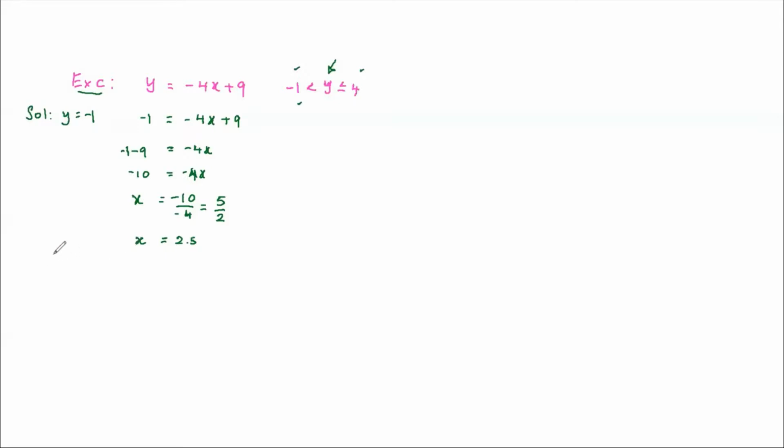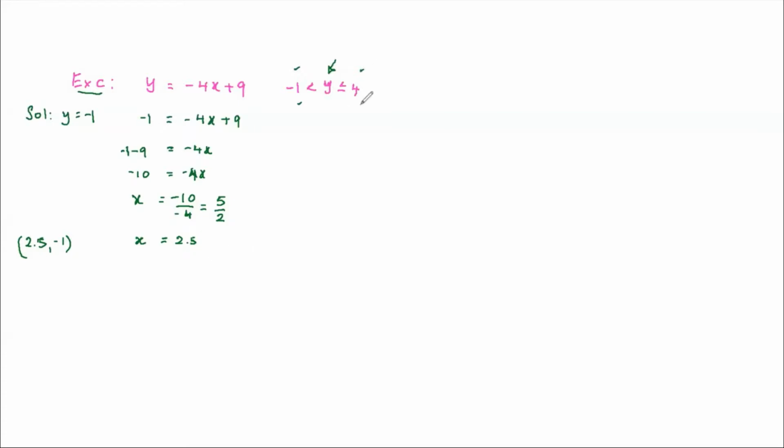So the coordinate pair for this one is (2.5, -1). This is the point where we put the coordinate.